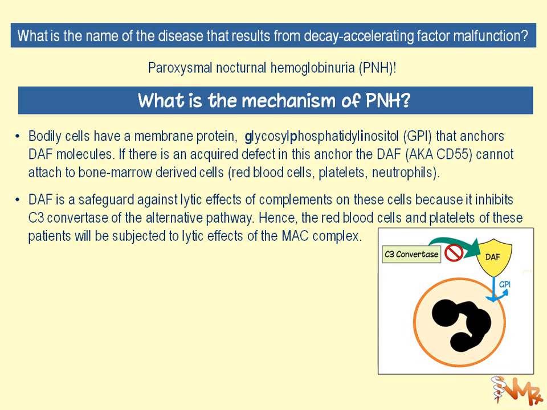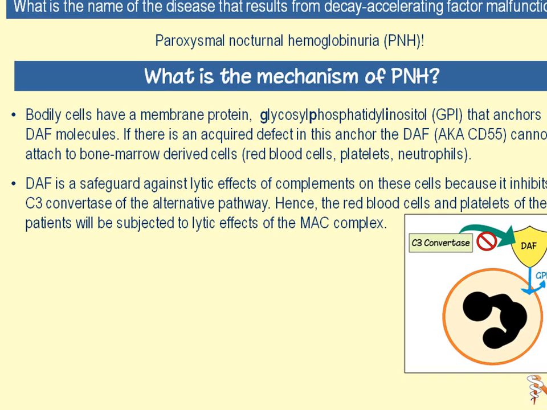DAF is a safeguard against lytic effects of complements on these cells because it inhibits C3 convertase of the alternate pathway. Hence, red blood cells and platelets of these patients will be subjected to lytic effects of the MAC complex. Of course, the white blood cells may also be a target.